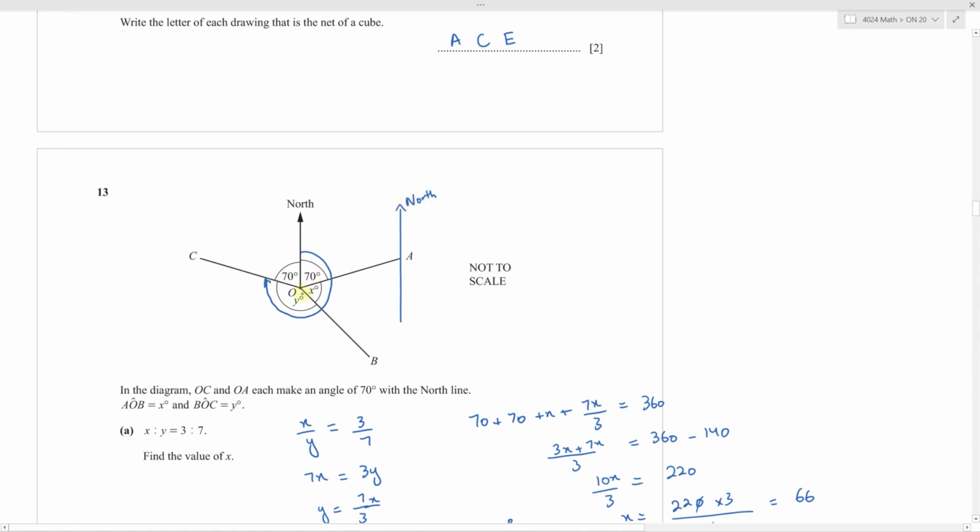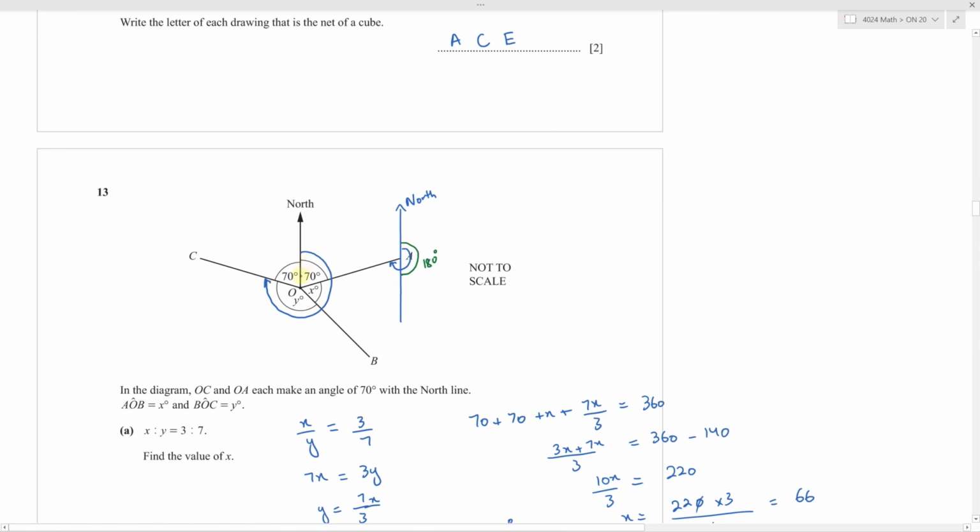Now the bearing of O from A would be this angle here. And I can easily say that this angle is 180 degrees, because this is a straight line which represents the north. So this angle is 180 degrees up till this point. And if I can calculate this angle, I can add 180 to get the bearing.